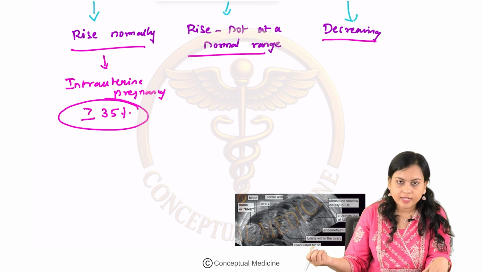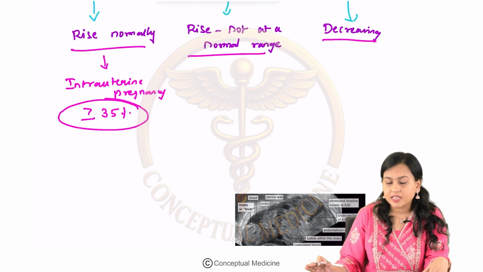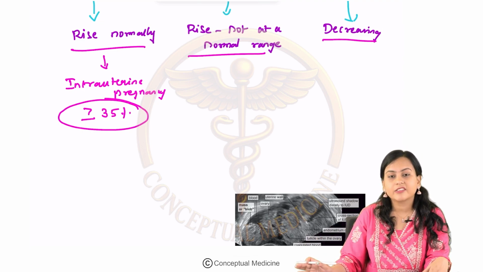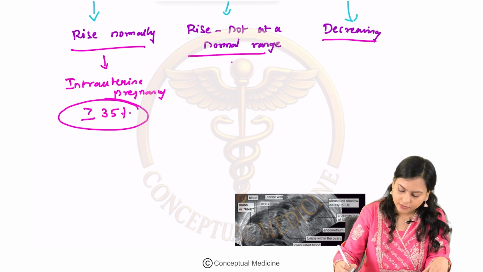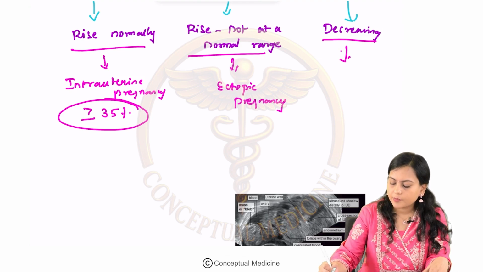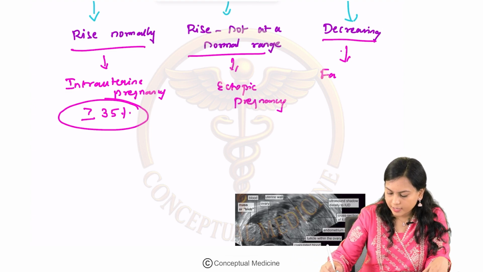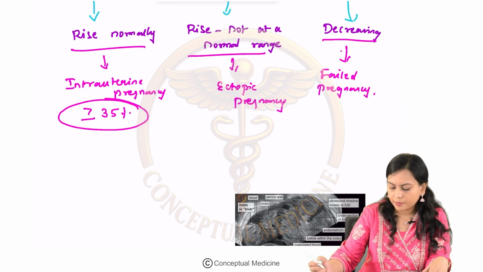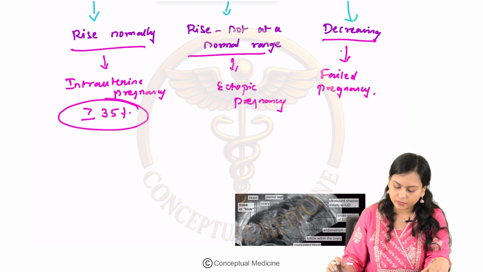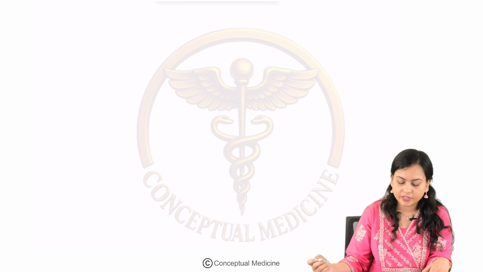And if it is rising but not at a normal range, then there is a pregnancy, but it is not in the normal site. So that means there is an ectopic pregnancy. Suppose the value is decreasing, then it is a failed pregnancy wherever it is. Clear?